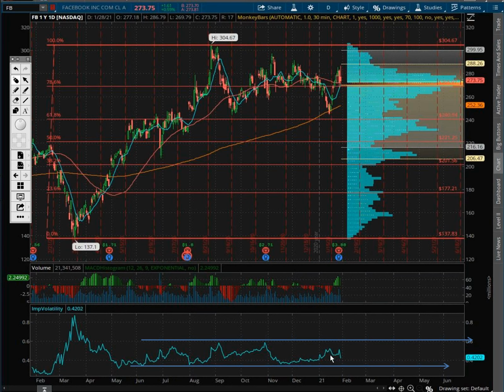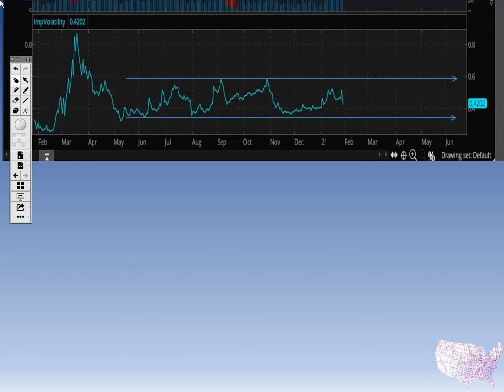You can ballpark it like I said: okay, it's below the median, the high water mark or whatever you want to call it. So I'm saying they're relatively cheap. But if you really want to drill down, and if you find it on the platform, it's going to say about 29%. I'll show you where to find that in a minute.